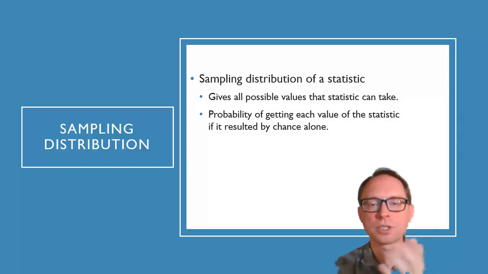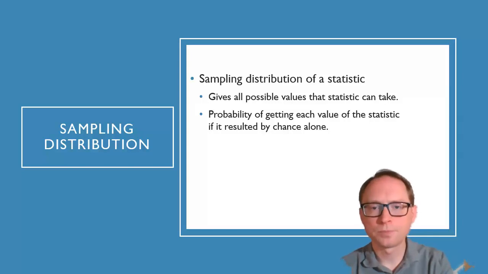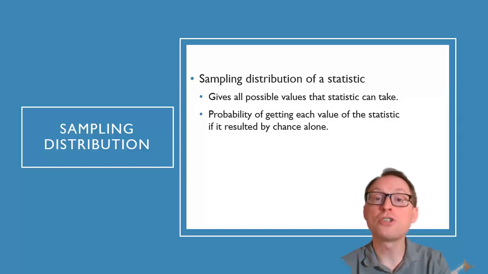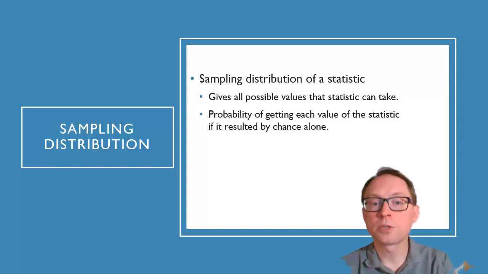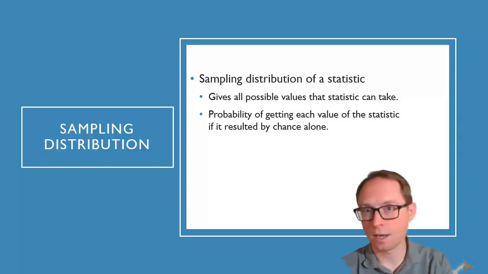There's different statistics that we could run, right? If I run the statistic, whatever value the statistic gives me, let's say I get a 23.86. Well, a sampling distribution is all the possible values of a statistic if wearing glasses has nothing to do with my hotness.